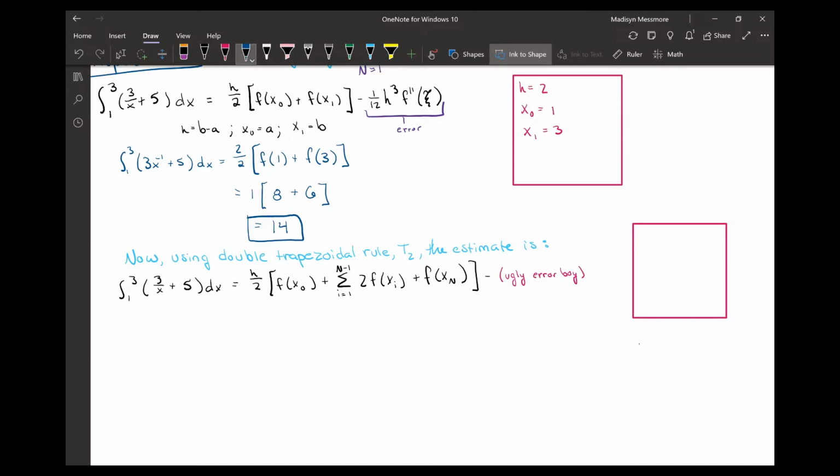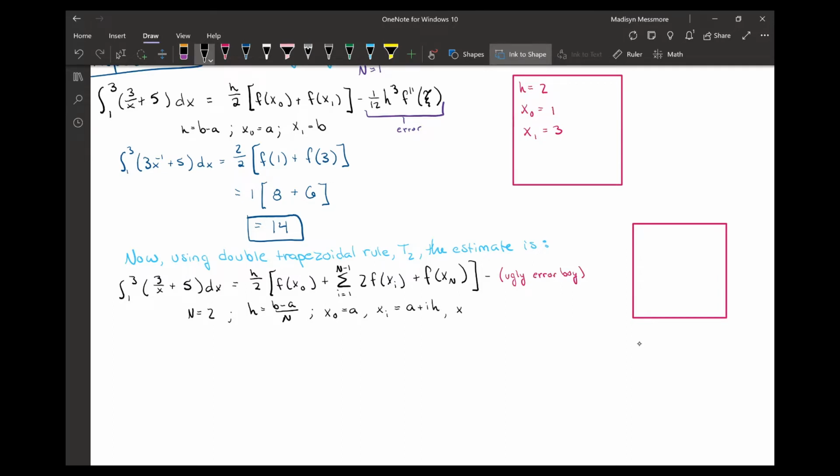And we're going to write out, I suppose, in this instance, our h is b minus a over n, where our n is equal to 2. X of naught is a, again. Our x of i is equal to a plus ih.